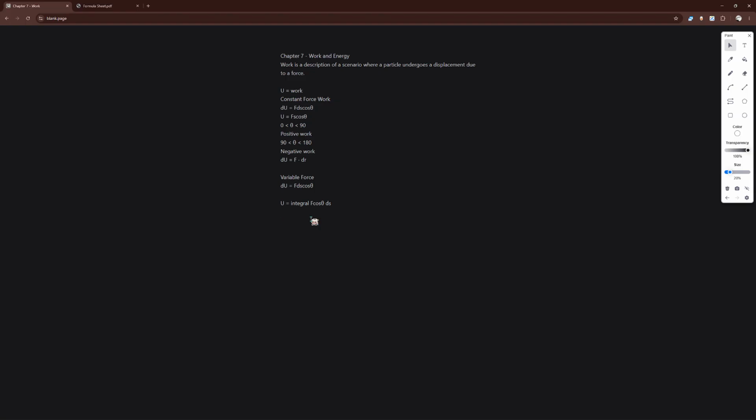There are, of course, diagrams for this, right? So we can represent it with an F cosine theta versus displacement graph. And this is for variable force, by the way, not constant force.